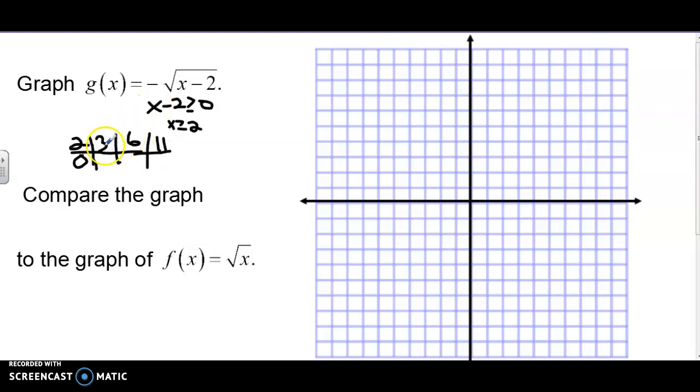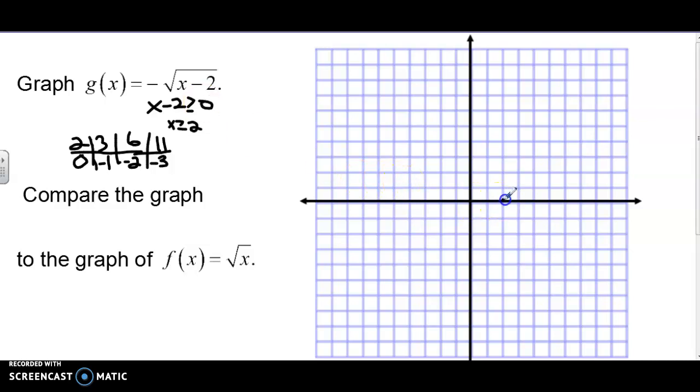So if I made x 3, I would have the square root of 1, which is 1, make it the opposite of that, so I have -1. If I plug in 6, that would be square root of 4, which is 2, and the opposite of 2 is -2. And then that would be -3. Alright, so I'll go ahead and I will graph this.